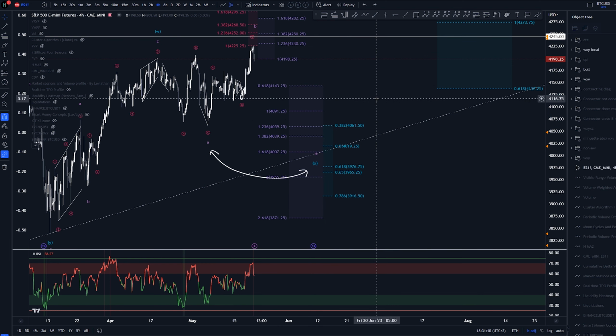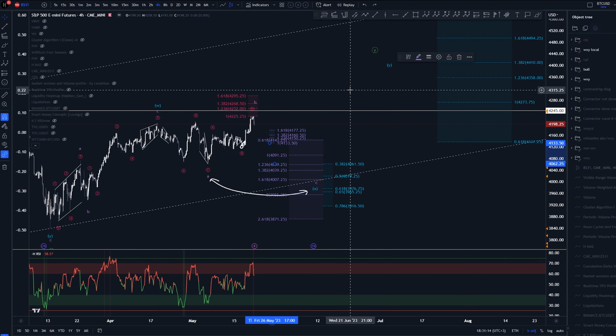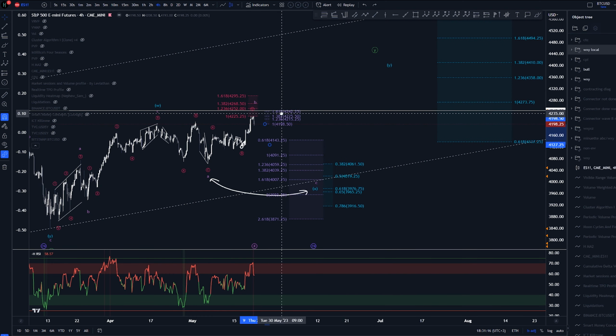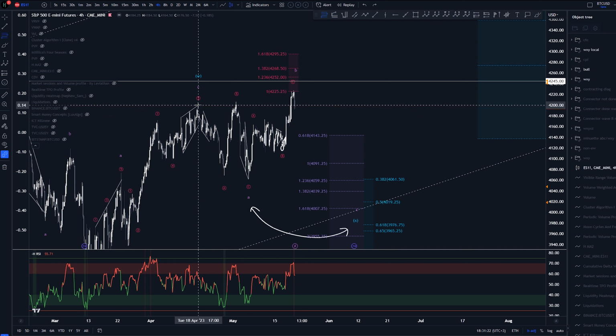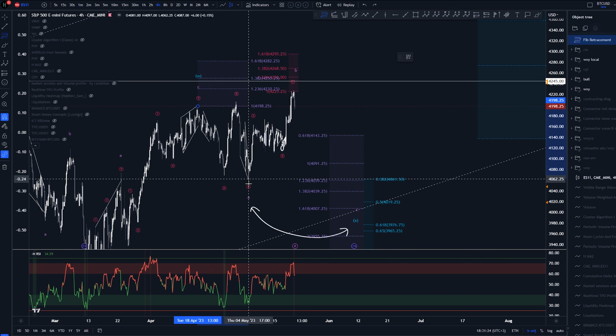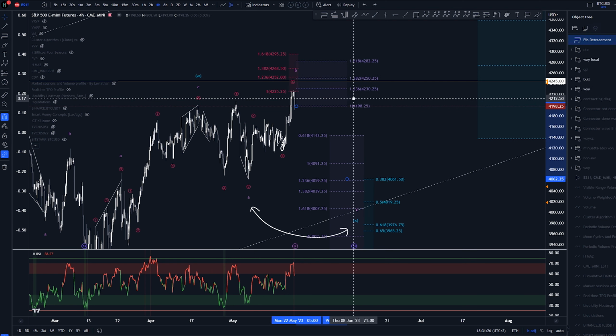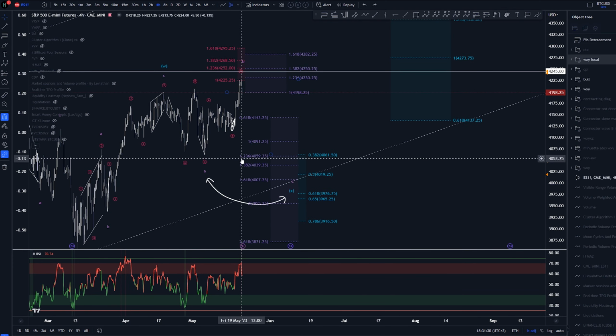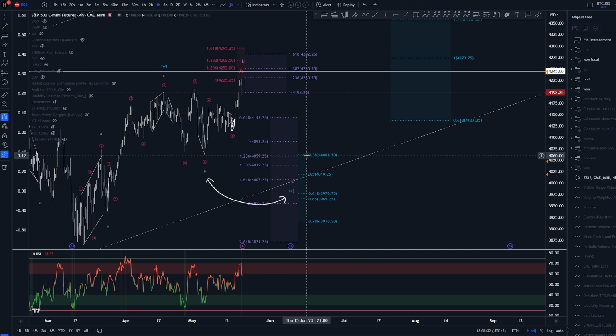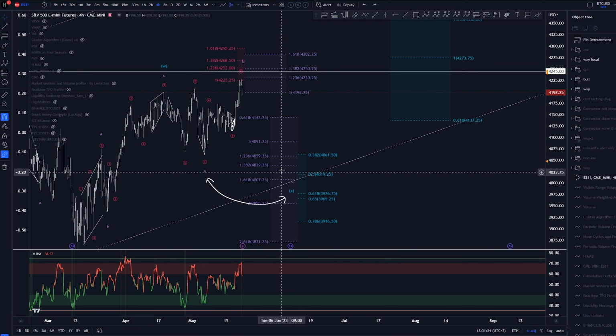That would be the main target for me at this point for this short idea. Sometimes TradingView is quite annoying. Let me redo that here. There we go. So the main idea for me is around $4,060 for this to come down.